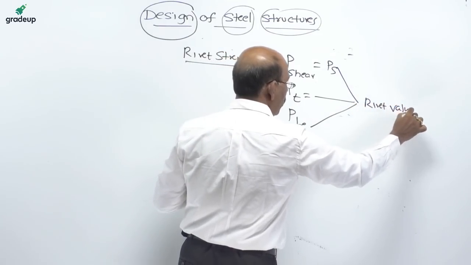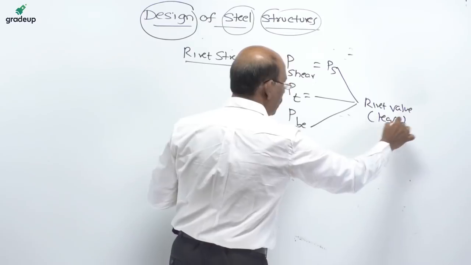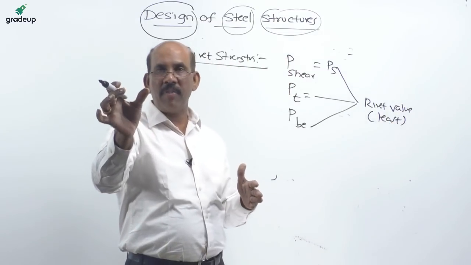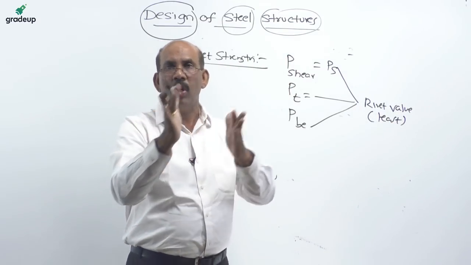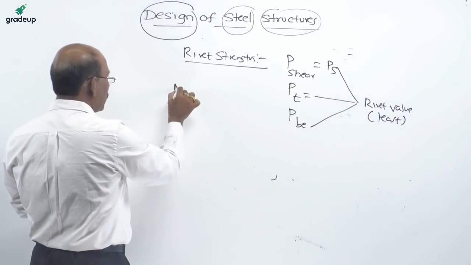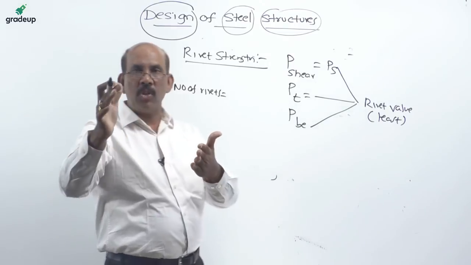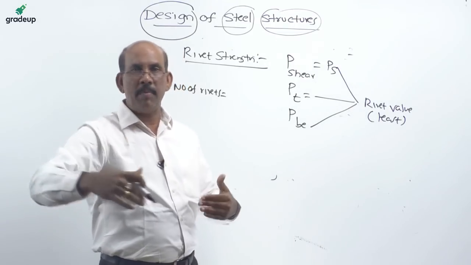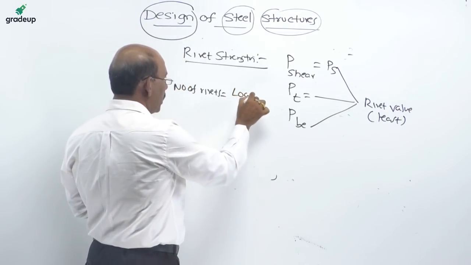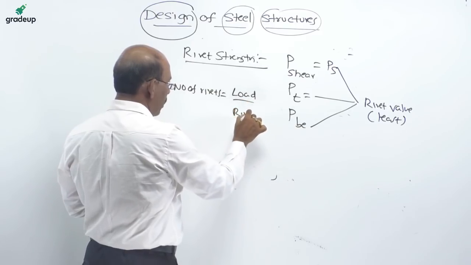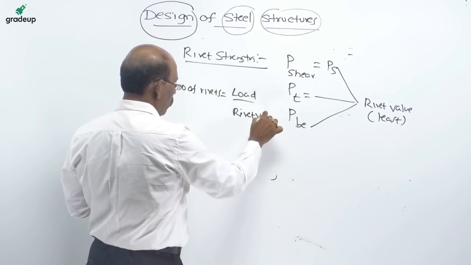So this rivet value I considered among all the three failures. Among these three failures I choose the least value because my number of rivets is based on rivet value: load divided by rivet value. So you can see this equation, load divided by rivet value.